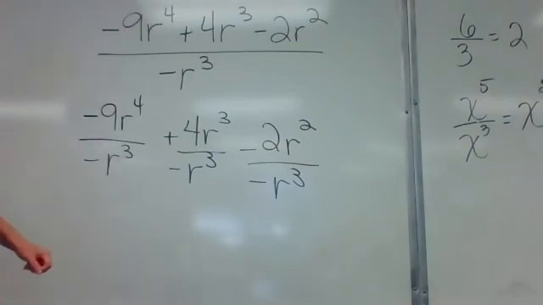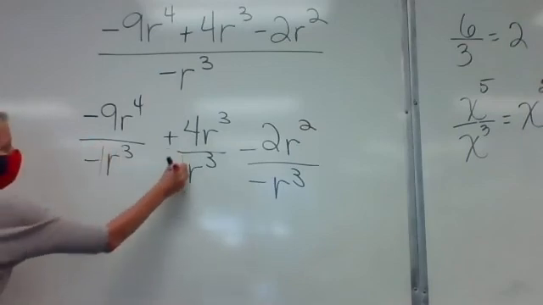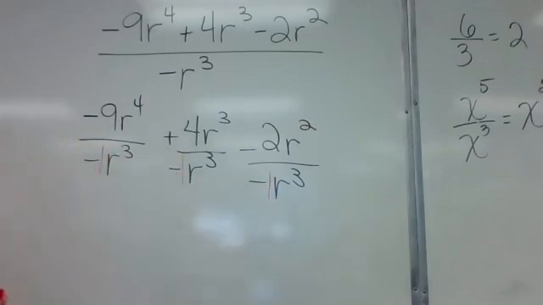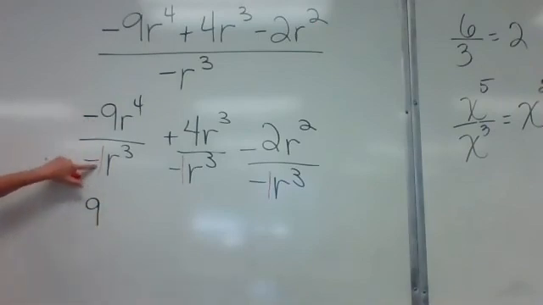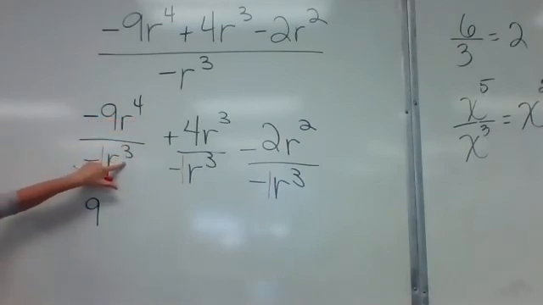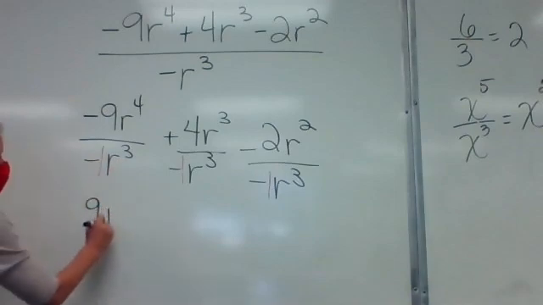All right, so let's see. And these all have ones, right? So negative 9 divided by negative 1 gives you positive 9, right? A negative over a negative just turns that positive. How much r do you have left? R to the fourth over r to the third leaves you with just r. So done with that one.